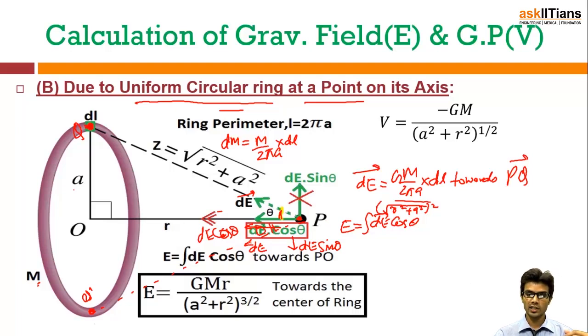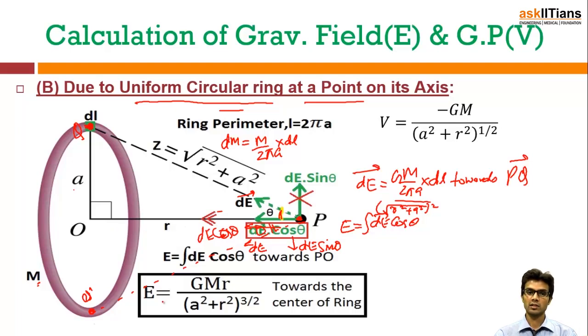After integrating we will get E is equal to GMr, where G is the gravitational constant, M is the mass of the ring, r is the distance of the point mass from the center of the ring, and a is the radius of the ring, r is the distance OP.